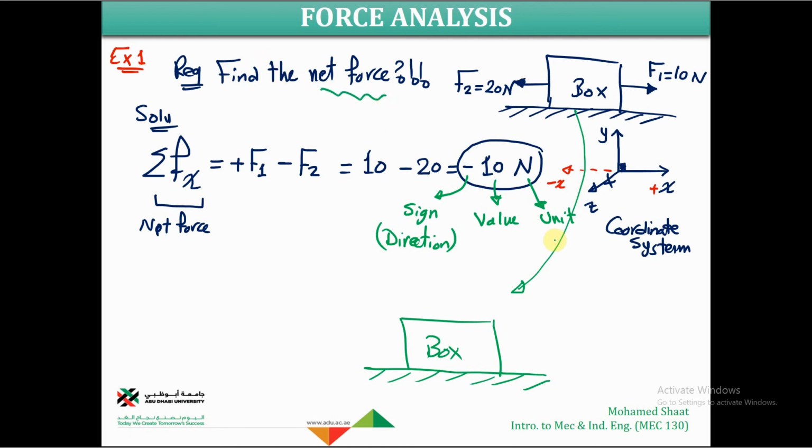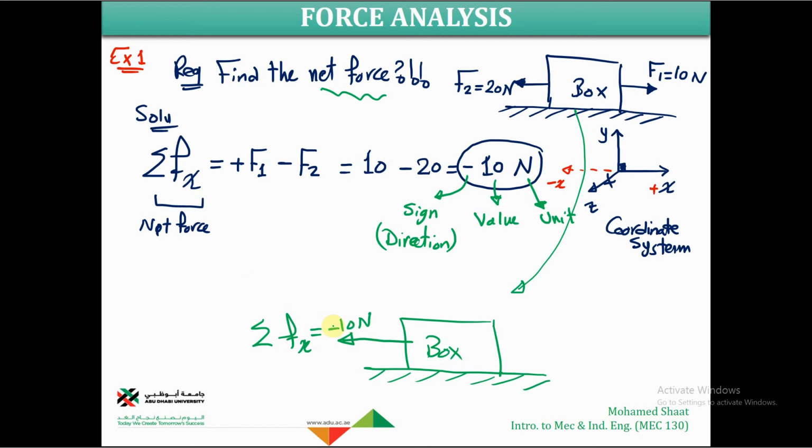We got 10 Newton. But what is the negative? This negative indicates that the direction of the force should be in the negative direction that you assumed. We assumed that negative is negative x. So it means that this force, the sum of forces along x, should go, excuse me, to the left by negative 10 Newton.